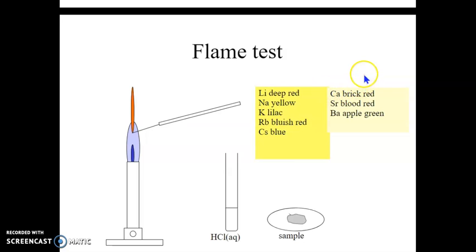In the group second, calcium shows brick red, strontium shows blood red, and barium shows apple green. These are the samples, and this is the hydrochloric acid for the test. After this, all these elements show flame coloration due to the availability of valence shell electrons.